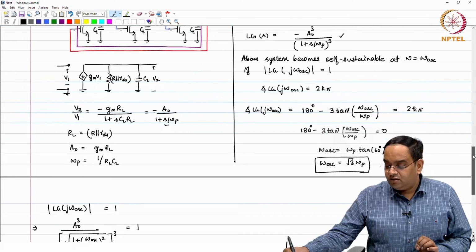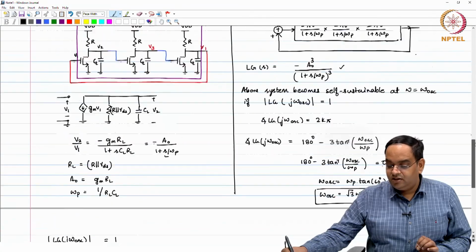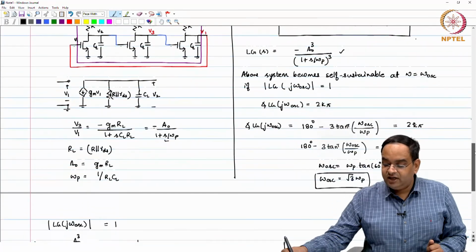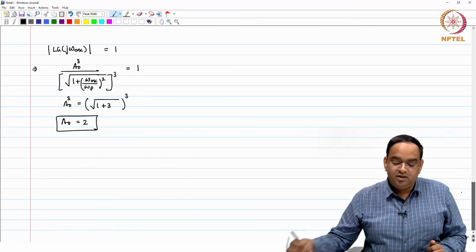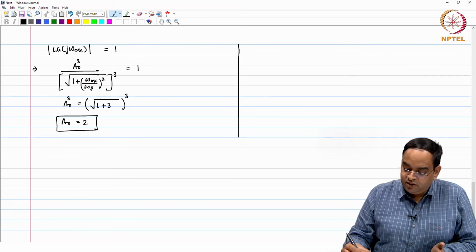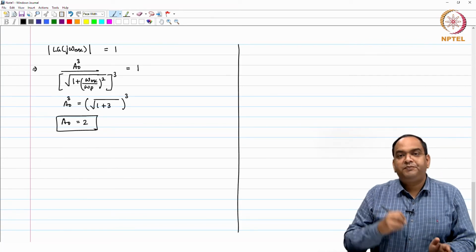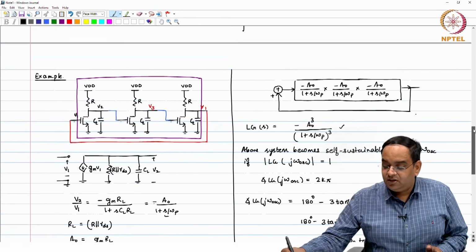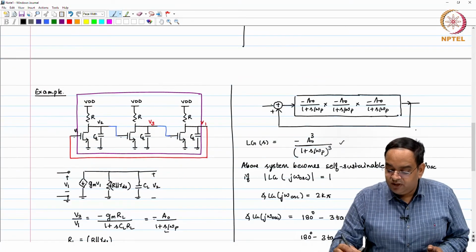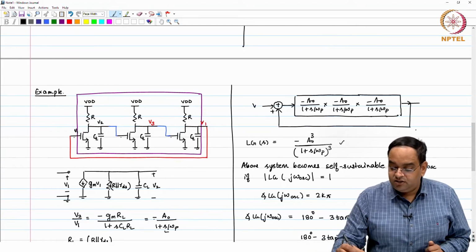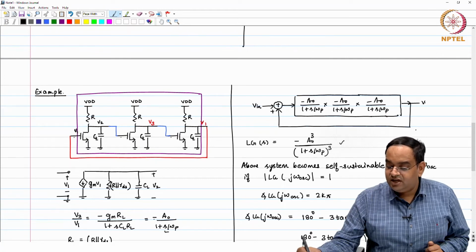Okay. Now, it is not only this open loop system or this loop gain system which you have understood that you will have the sustained oscillations, it is also important to look at the closed loop systems, okay, for this example. So, given this example, right, what do you have here? This is, let us say, V in and V out.